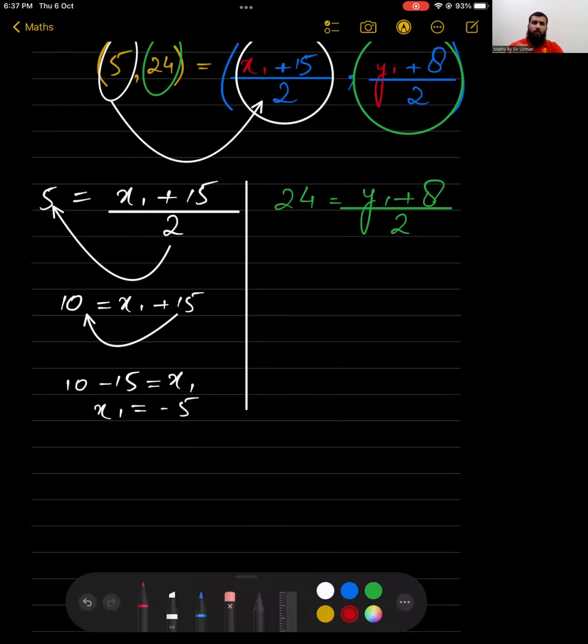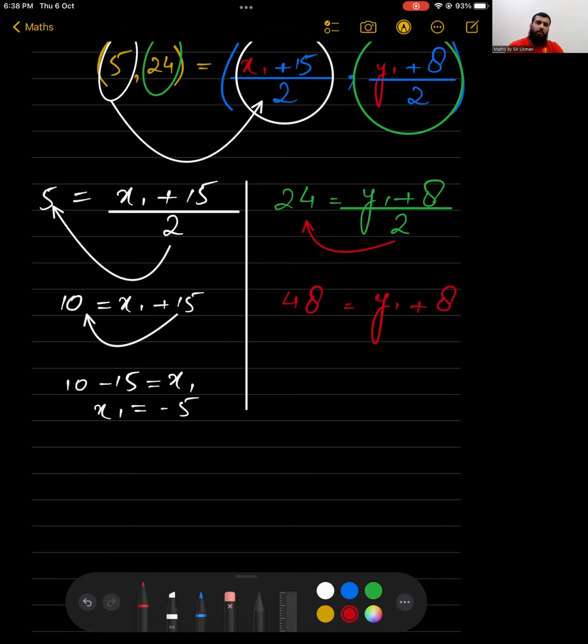Now for the y coordinate, you will take 2 to the other side. So this 24 will turn into 48. Now you will have 48 is equals to y1 plus 8.